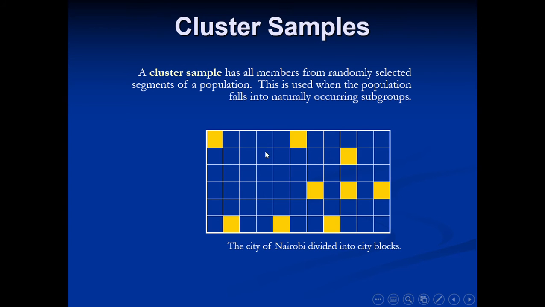They are all in squares. So if I pick any square, it will give a representation of the rest of the squares. If I pick any city block, it will give a representation of the remaining blocks that I have not picked.